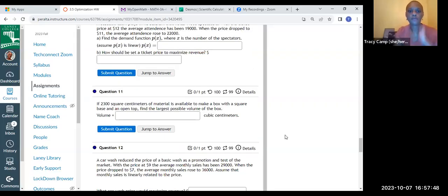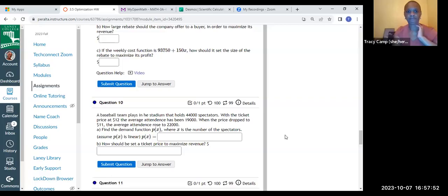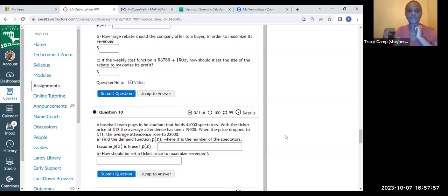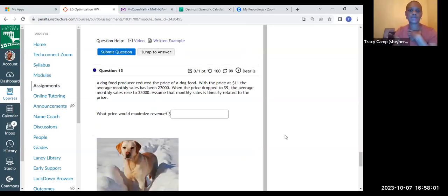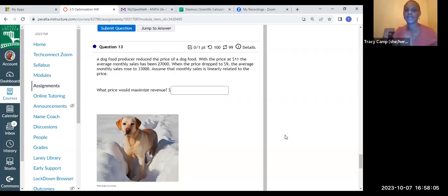Let's look at one of the ones involving demand. Let's look at number 13 because it has a cute picture. So it says a dog food producer.